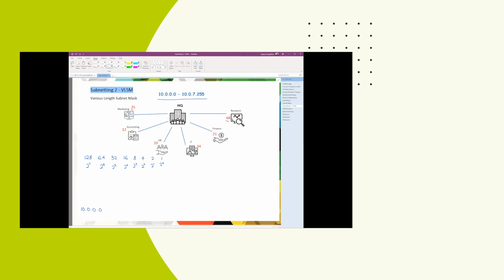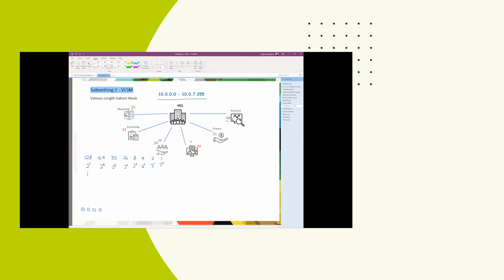If you see here on the binary system, where do we need to land? Where do I need to land my last 1 and my first 0? Can you answer? Yes, Anil. So my last 1 is going to land here, 128.